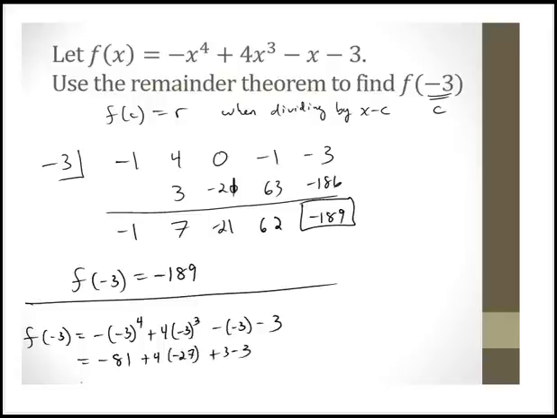That's negative 81 plus negative 108, and that is negative 189. But I can use division to find the same result using this remainder theorem. That concludes the presentation for this section.